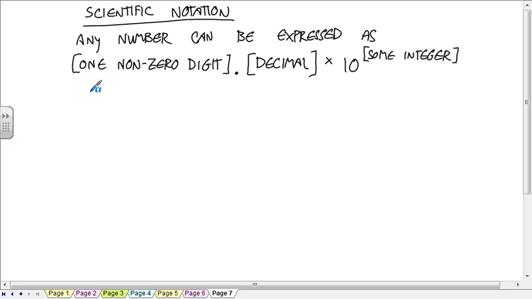So an example of that is the number negative 3,461.45 is equal to negative 3.46145 times 10 to the third.